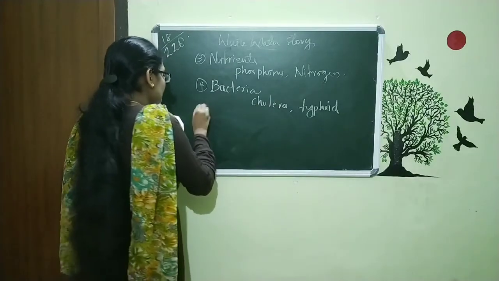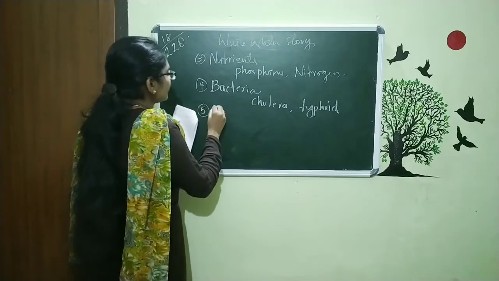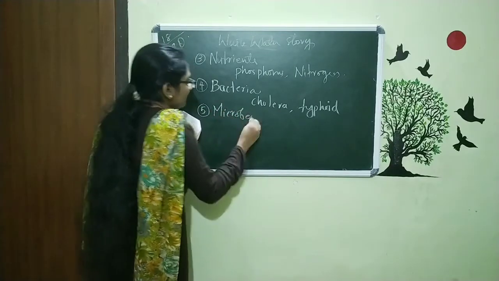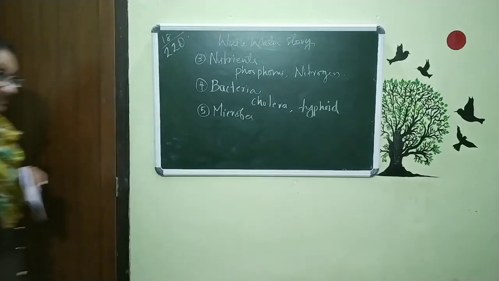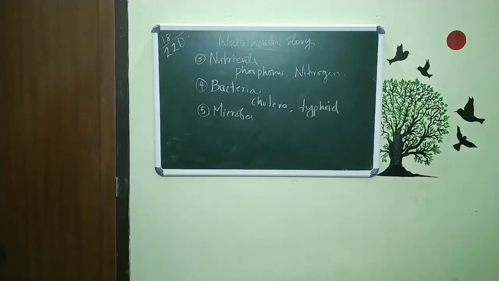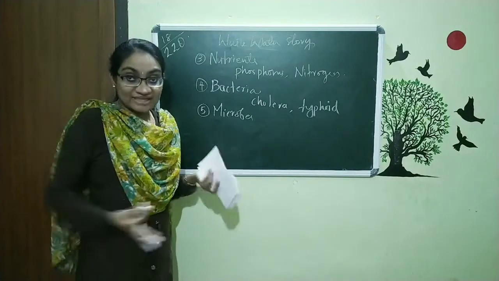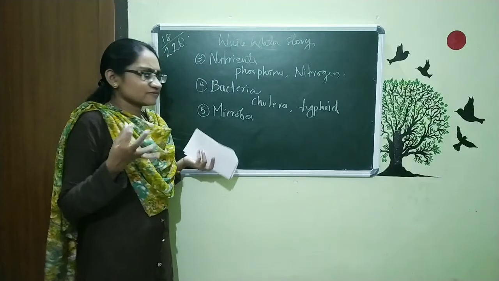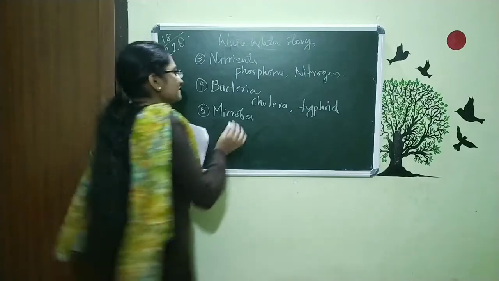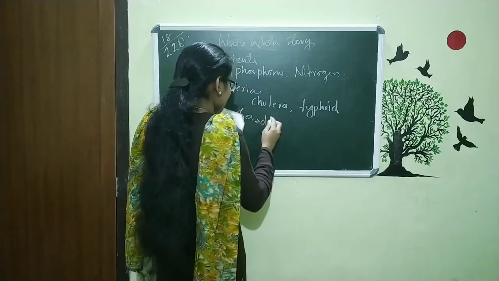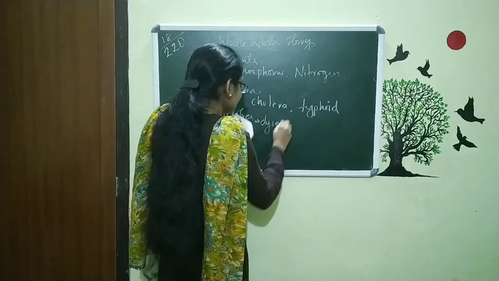The fifth type of thing that is getting mixed in water is microbes. Microbes are actually microorganisms present in water. Not only bacteria, but also things like viruses or other types of microbes, fungus. Microbes cause diseases like dysentery.